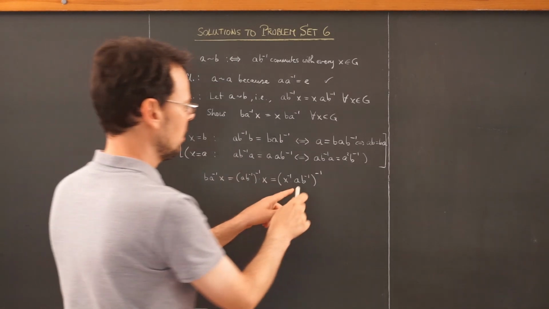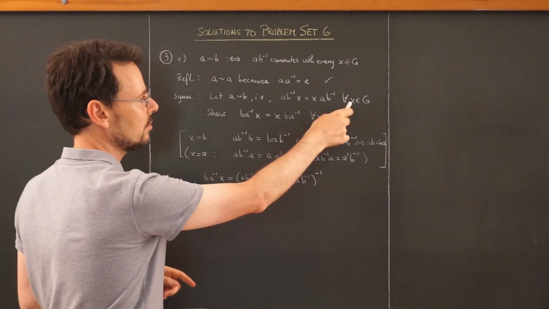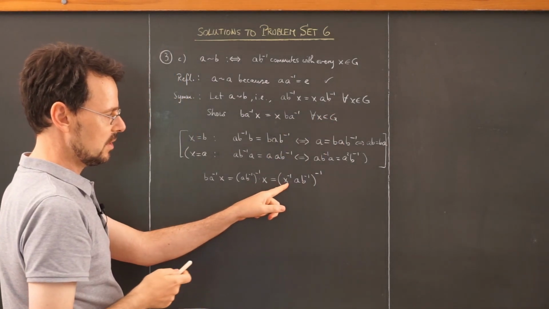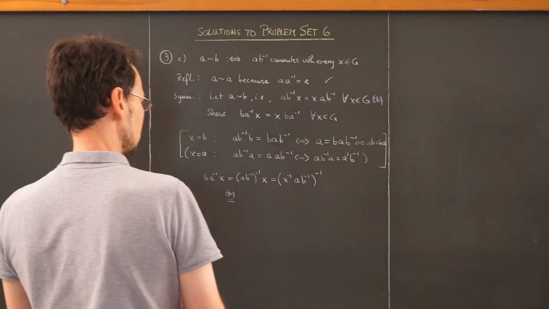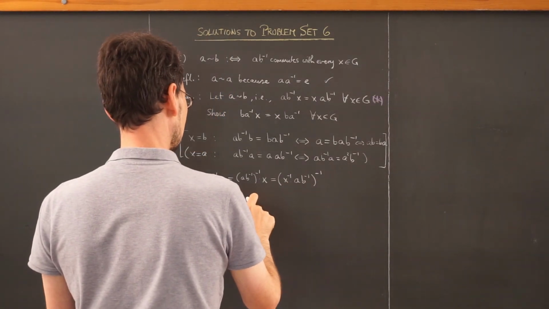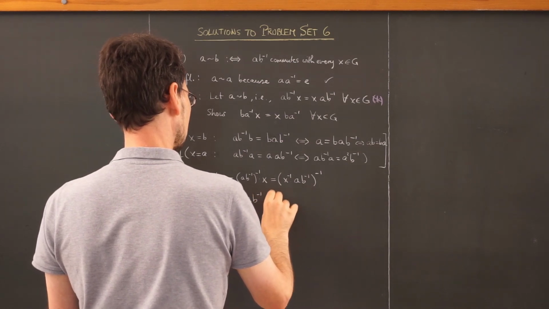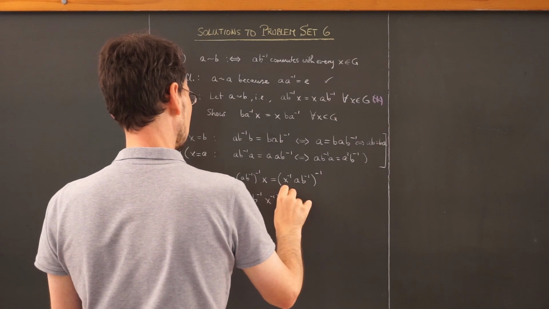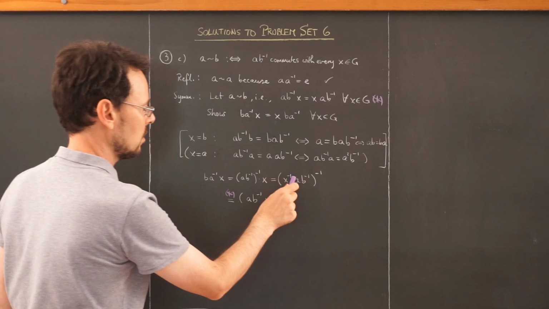And now, because AB inverse commutes with all elements X in G, and this clearly is an element of G, this can be written as AB inverse times X inverse. Yeah, important.